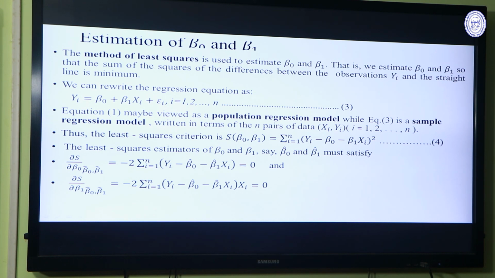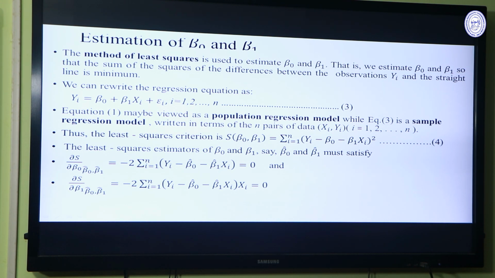For that purpose, we have to rewrite the regression equation in sample regression format. What is sample regression format? Population regression is very difficult to do, because population data is very difficult to collect, it is expensive and time consuming.